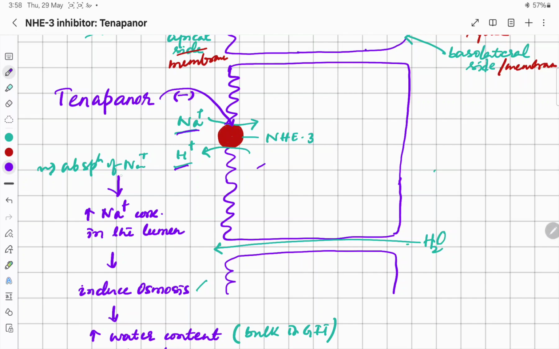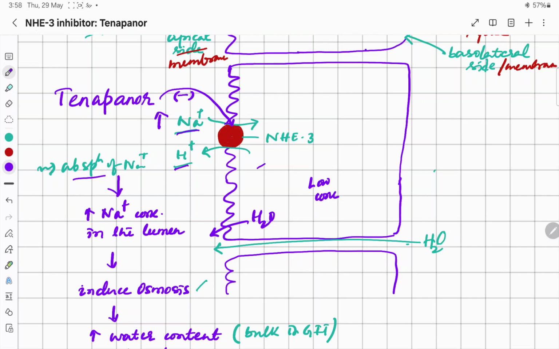Since the absorption of sodium is inhibited, sodium concentration in the lumen increases, and because of that there is low concentration of sodium inside the cell, and there will be flow of water from low concentration to high concentration. So that is our osmosis.